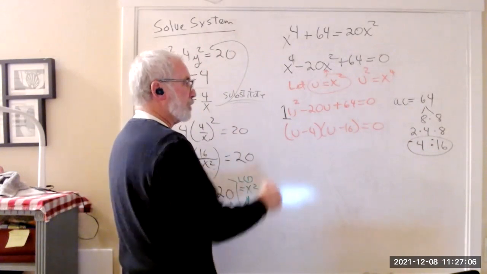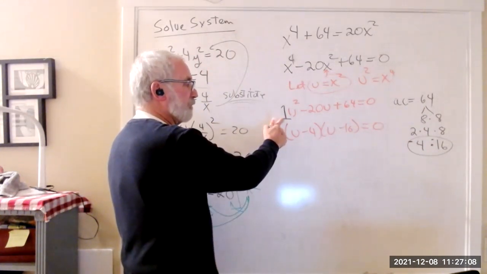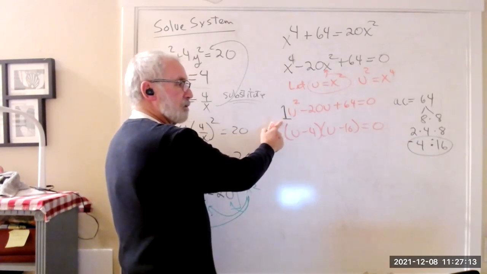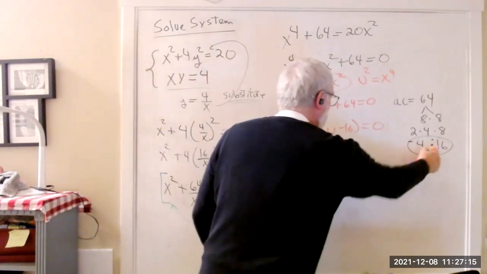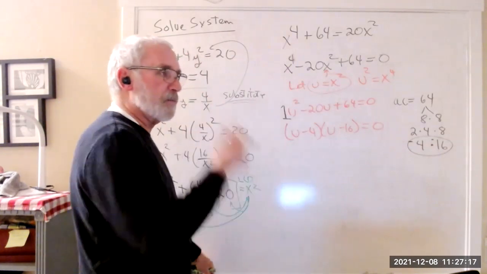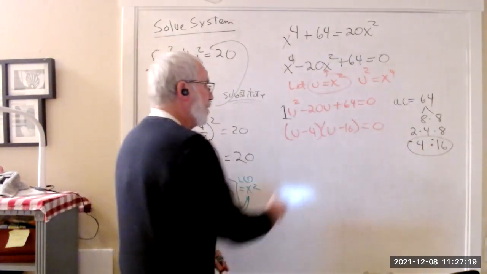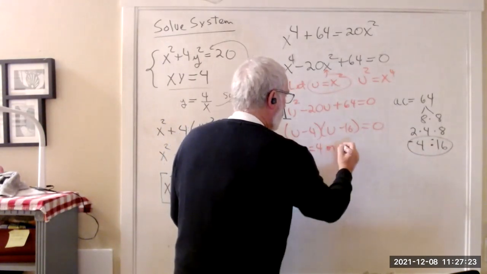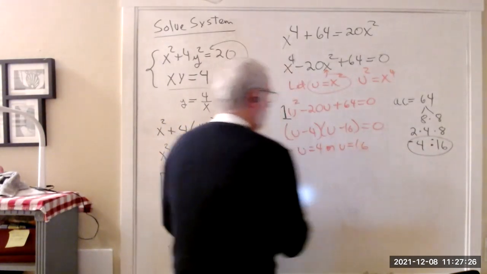You can use the shortcut because the coefficient of the trinomial was a 1. You don't have to use the grouping technique. You don't have to use anything. Well, this tells me u is equal to 4 or u is equal to 16.